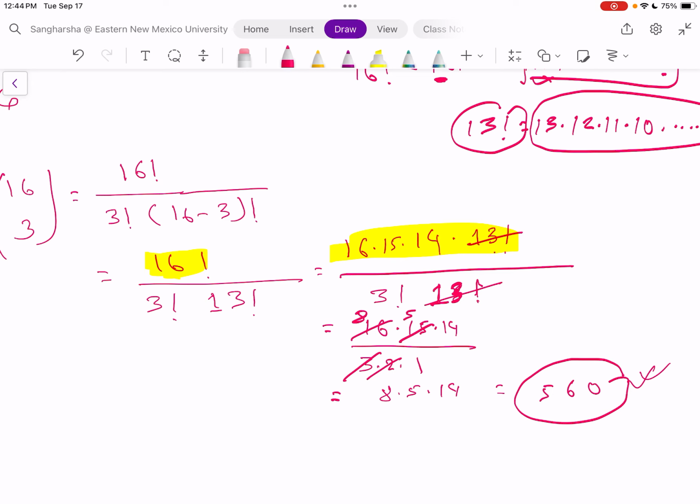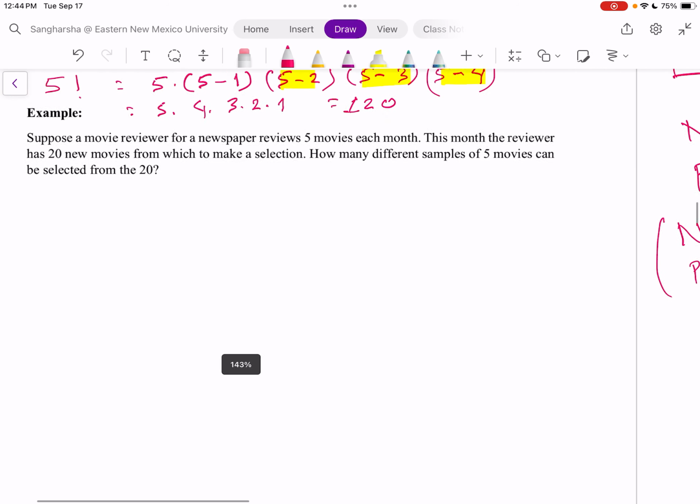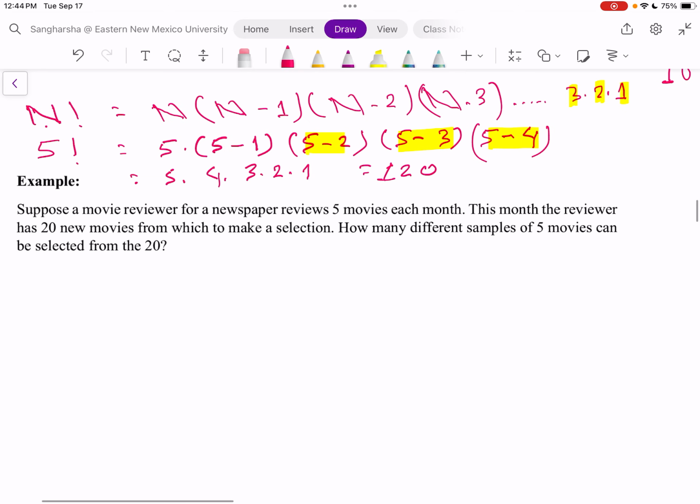Do you have a question? We have a pretty similar example here. I'm going to the next example. Suppose a movie reviewer for a newspaper reviews 5 movies each month. This month the reviewer has 20 new movies from which to make a selection. How many different samples of 5 movies can be selected from 20?